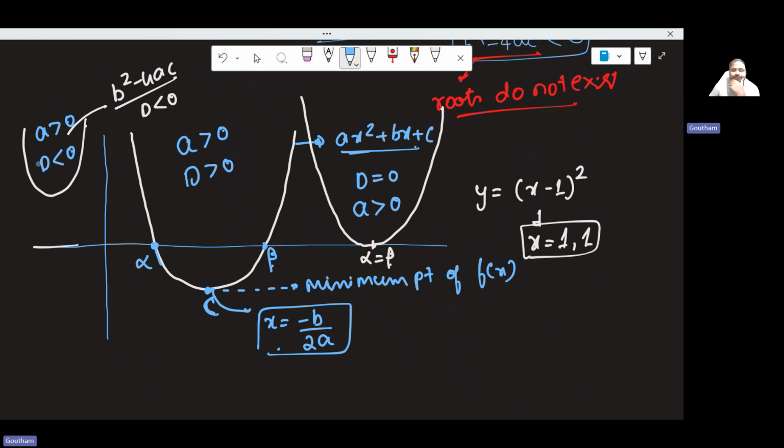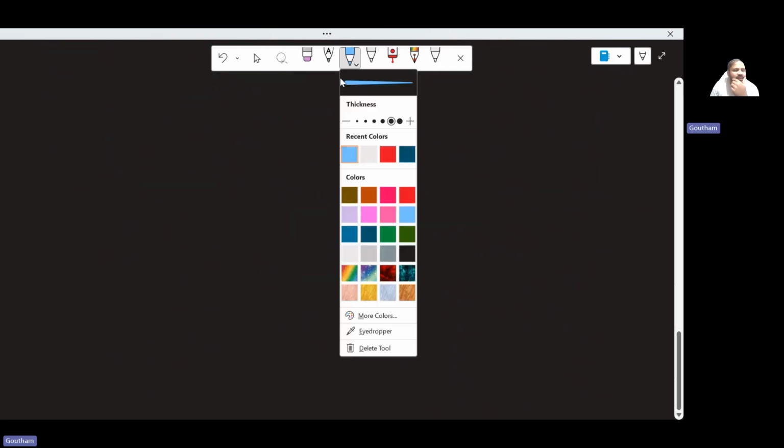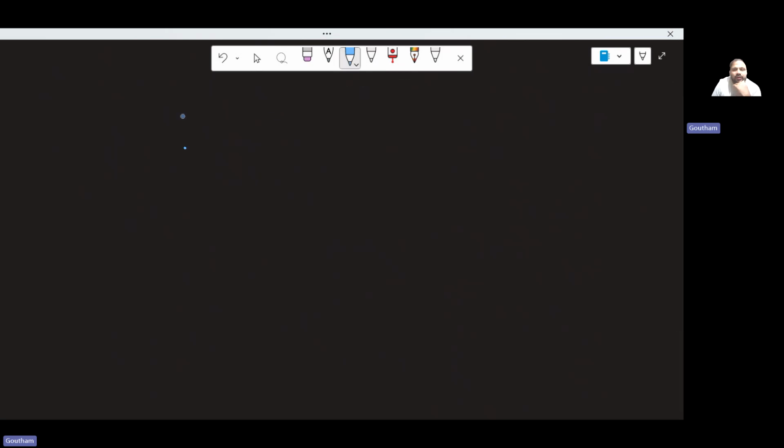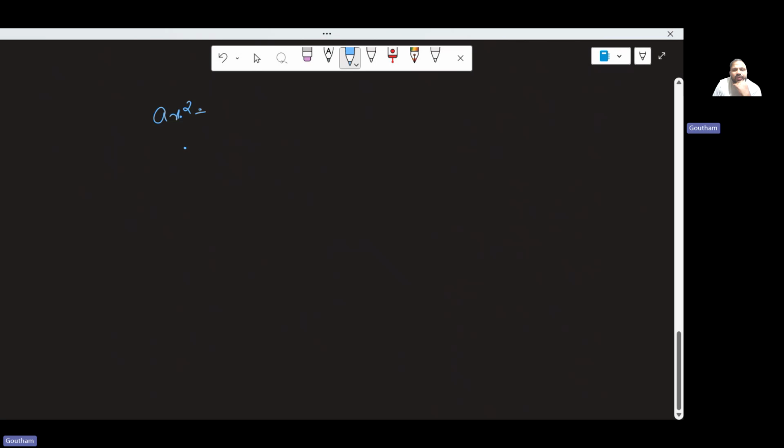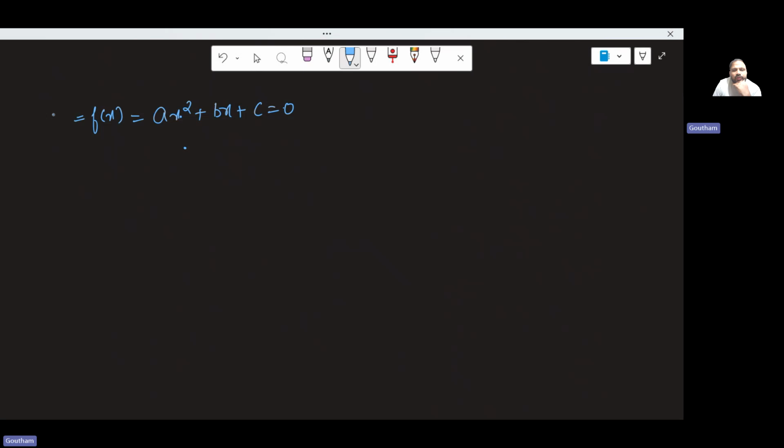Now, let us consider some important scenarios. Say ax square plus bx plus c is equal to 0, a quadratic function f of x or y is equal to 0.